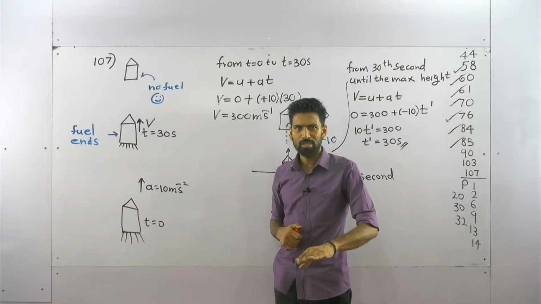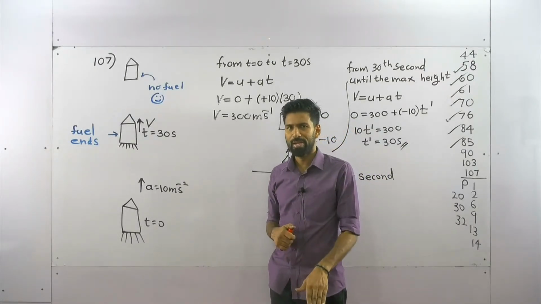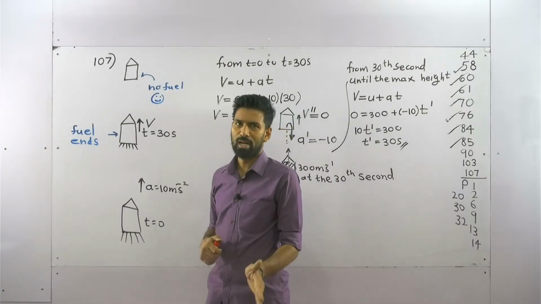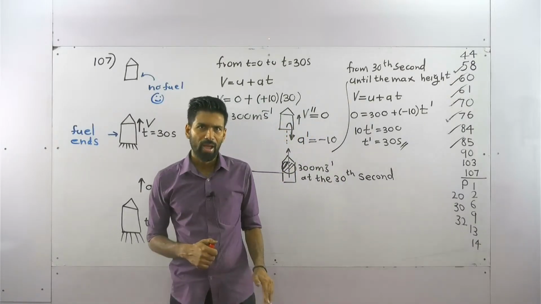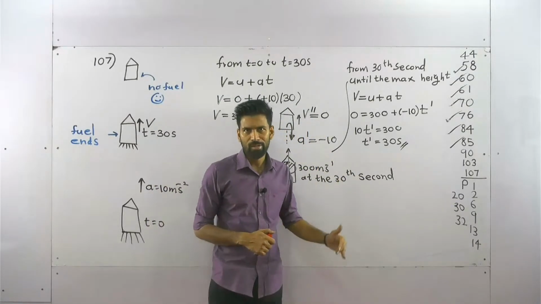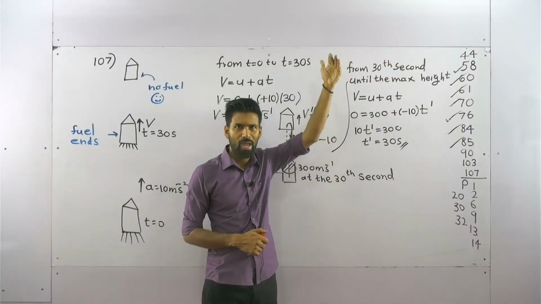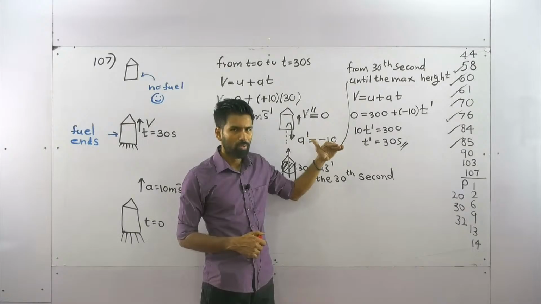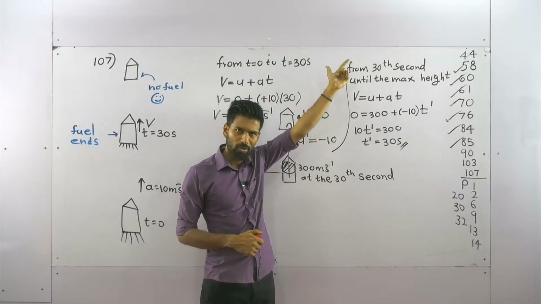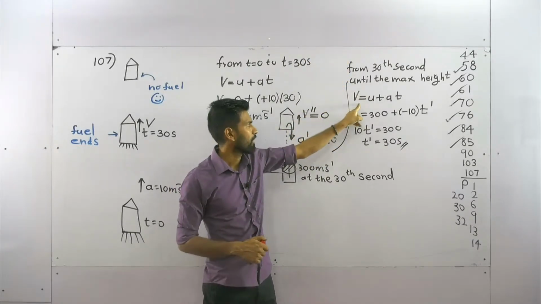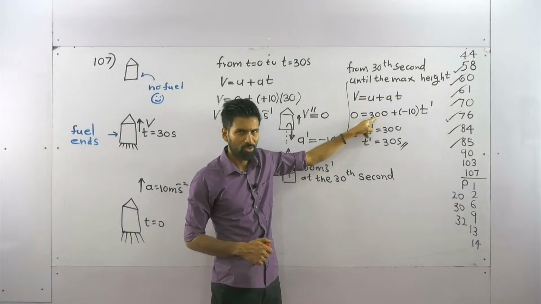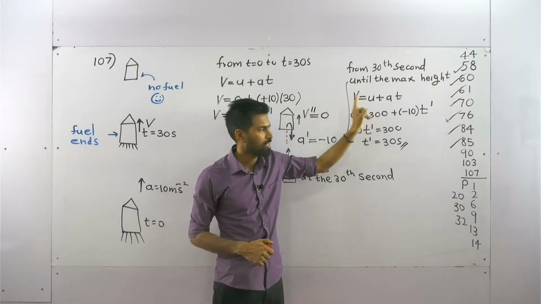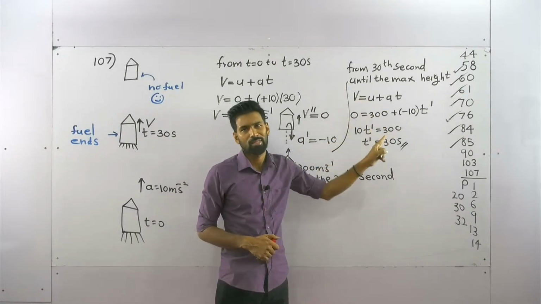If the only force is weight, it's the motion under gravity, and from there it faces the acceleration of gravity of -10, and with that minus acceleration it will decrease its velocity up to the highest point and will turn back. So from this point until it reaches the 0 velocity value at the highest point, final velocity will be 0. Now it has a velocity of 300 minus 10 t dash. There it will take another 30 seconds.